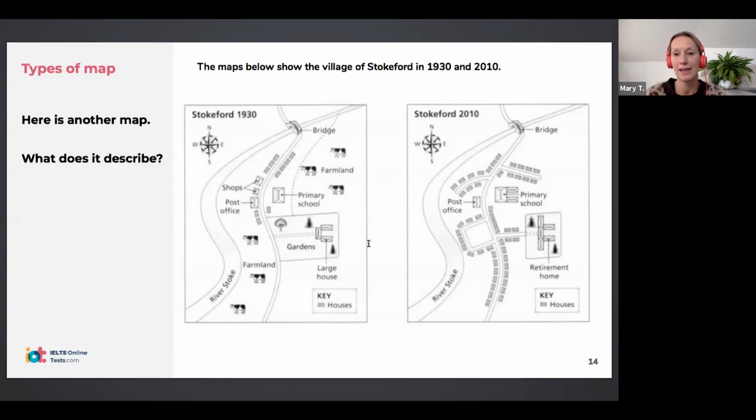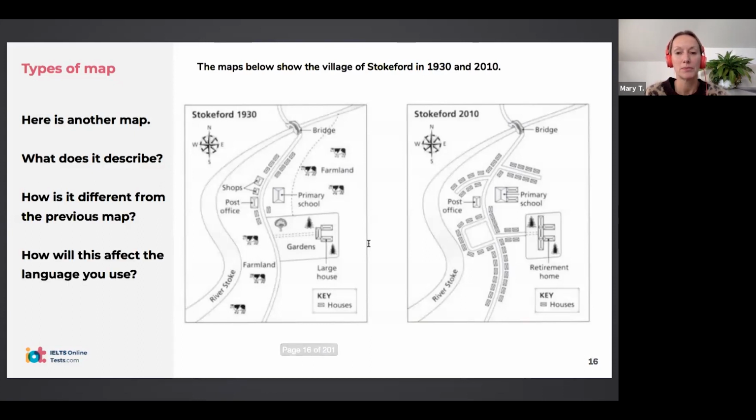So 2010, yeah, Rafa, so 1930 and 2010 are both in the past. Okay, so the tenses you'll be using for this one will be different, right? So that comes on to the next question, how is it different from the previous map? So both those maps are in the past. That's right. Deeply past, Andre, yes, deeply from the deep past. So you wouldn't be using present perfect for this because there's no present map. Okay, so that is the main difference.